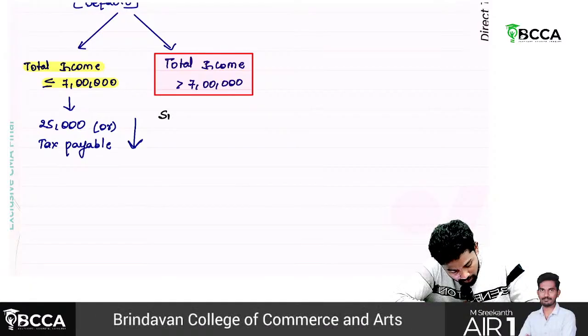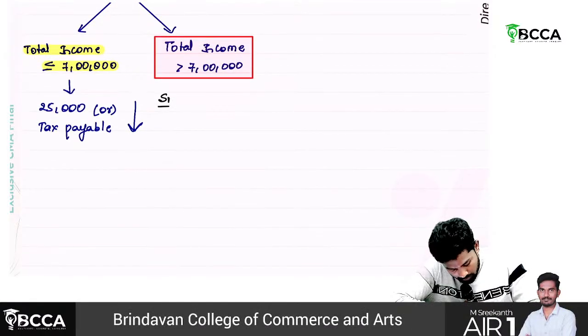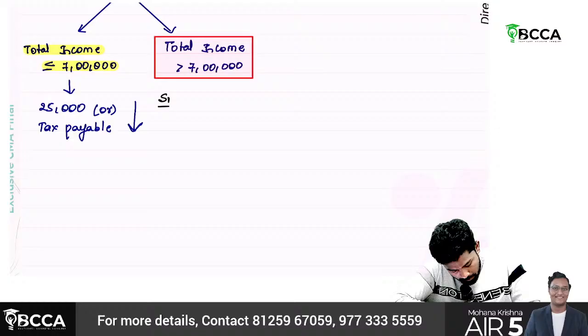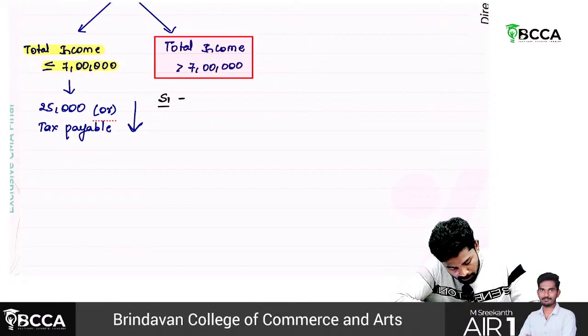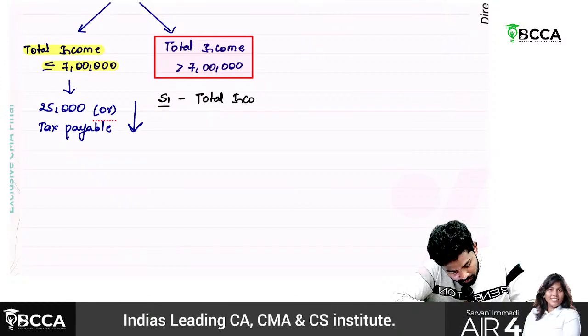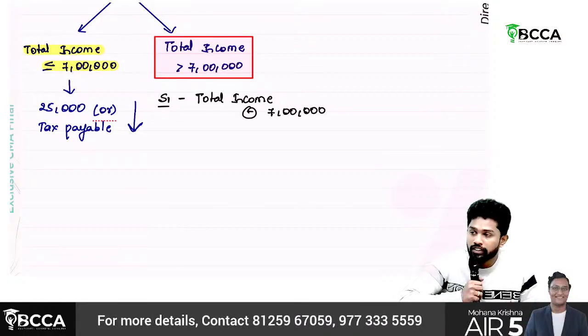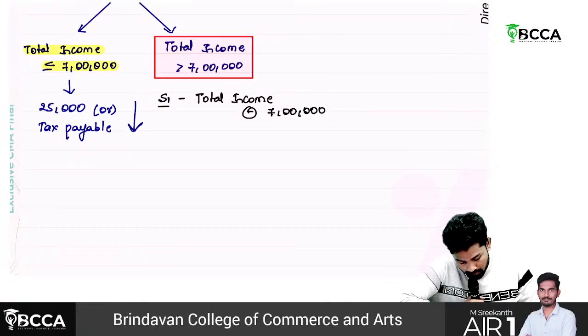First, step 1: total income minus 7 lakhs. You should compute total income minus 7 lakhs.